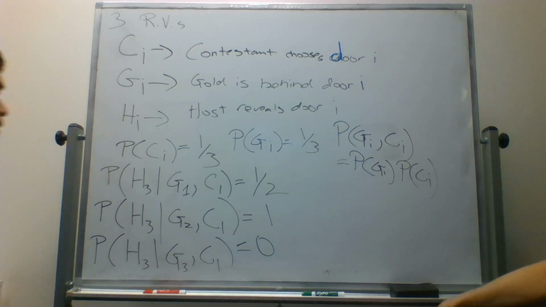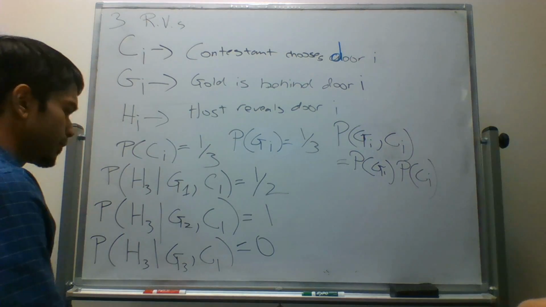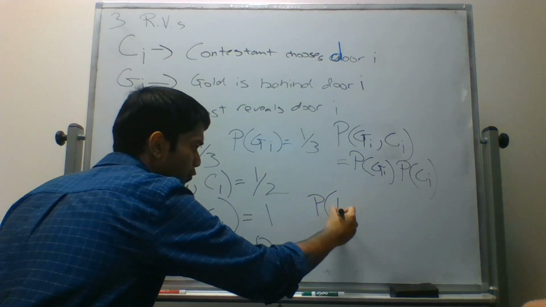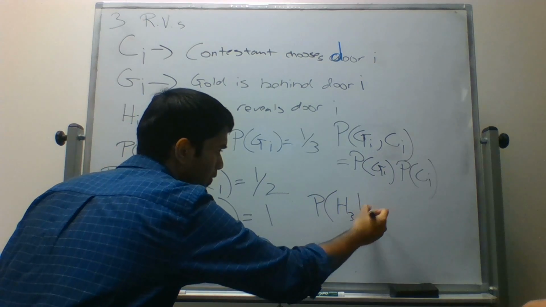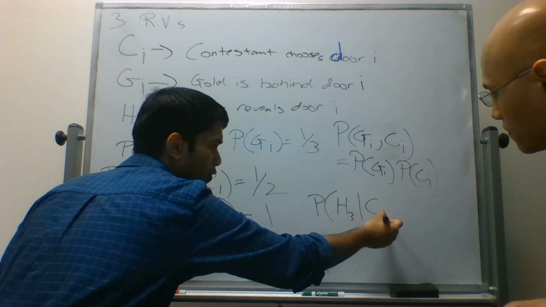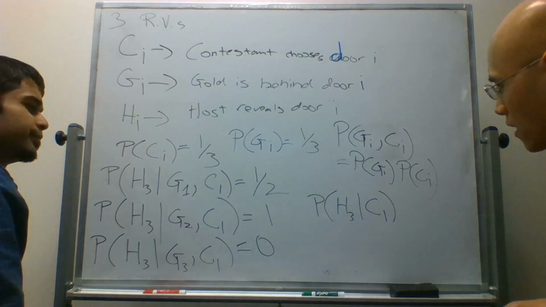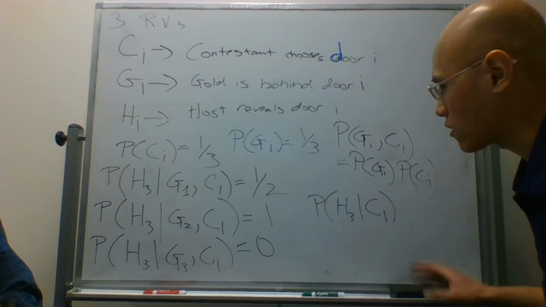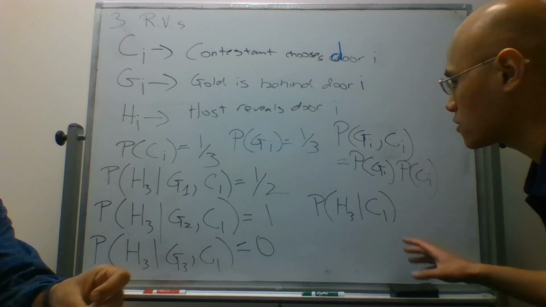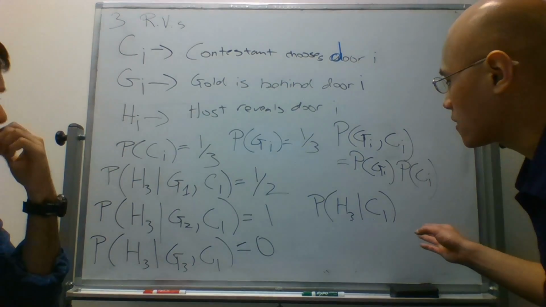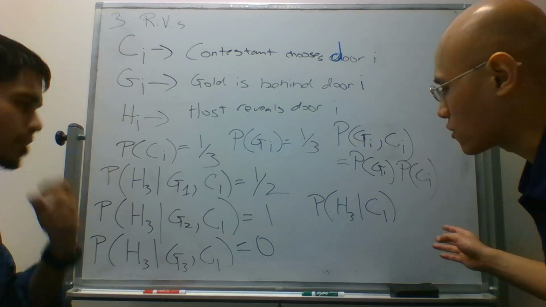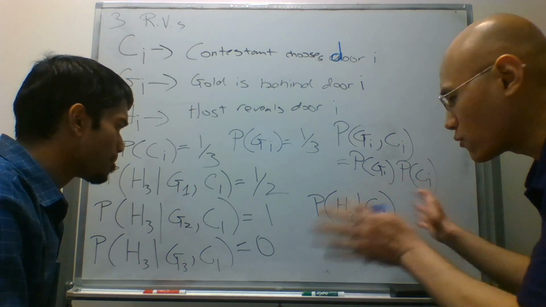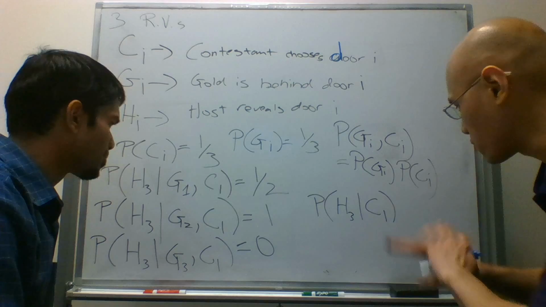And finally, regardless of wherever the gold is, what is the probability the host reveals door 3, given that the contestant chose door 1? If the host doesn't know where the gold is, and is opening one of the 2 remaining doors randomly, there are 2 doors, and it doesn't matter which one has the trash or the gold.